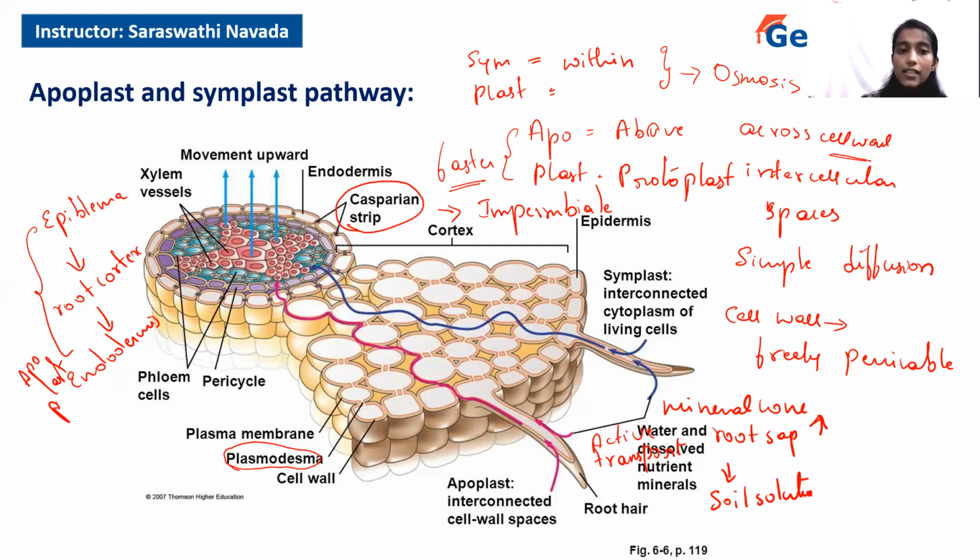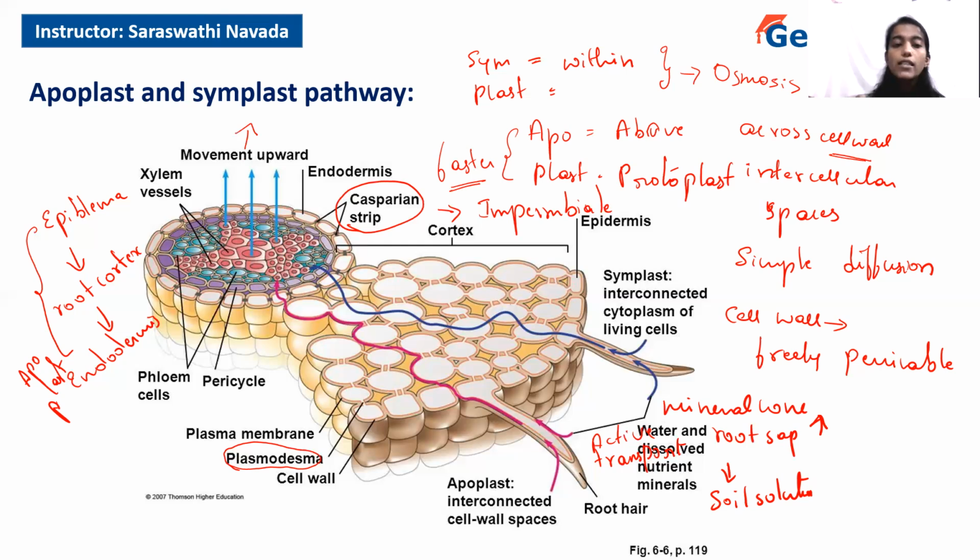Once the water reaches the xylem, it will immediately switch to the apoplast pathway, and further it travels along the root xylem, and from there it will be transported up to the shoot. So that is how we can see apoplast and symplast pathways in the transport of water in the root layers. So that is regarding the apoplast and symplast pathways.